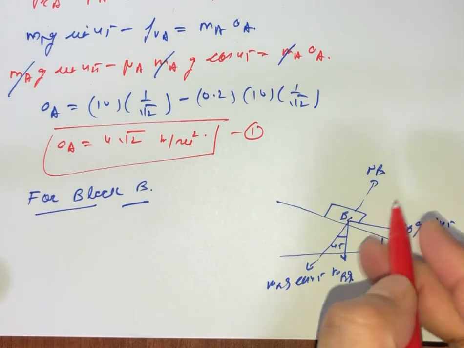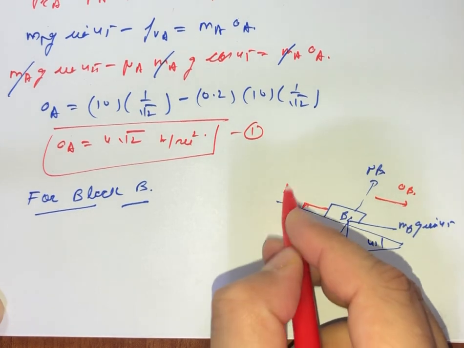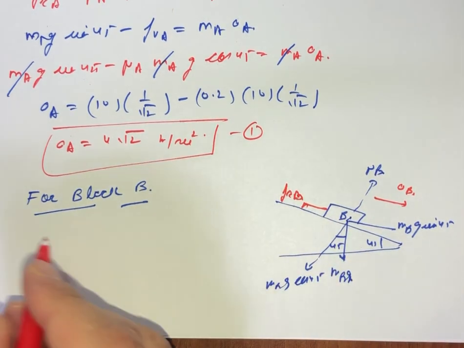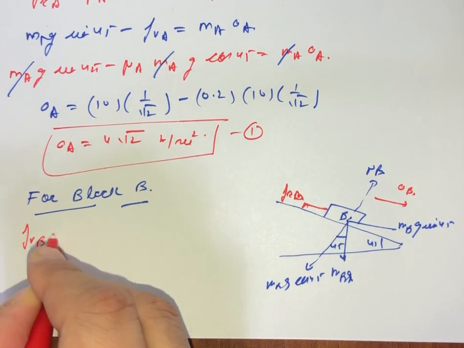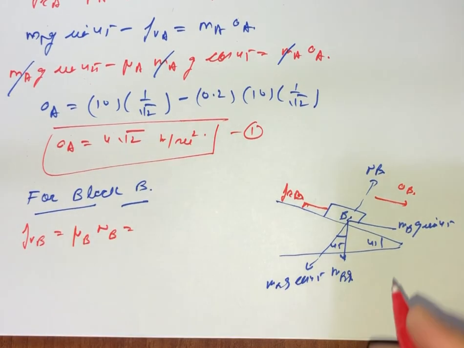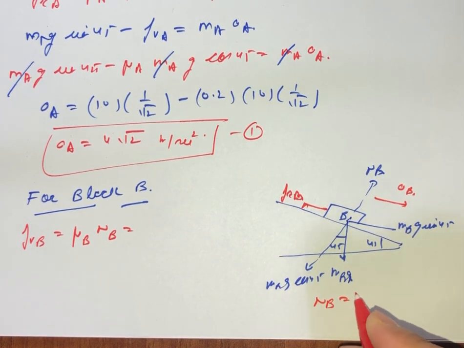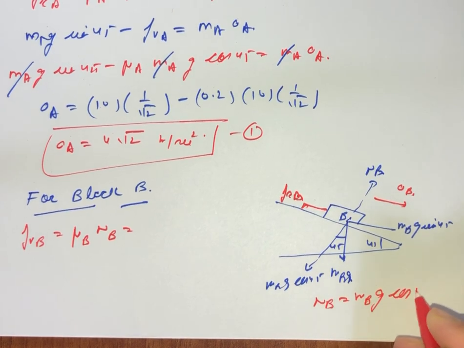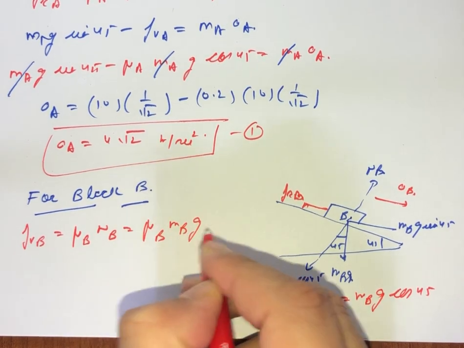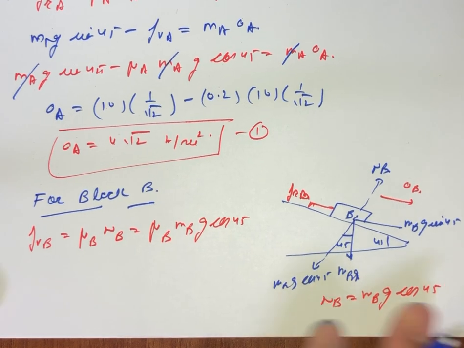We say it is moving down the inclined plane with acceleration AB. So we have a frictional force FRB in the upward direction. So we can write that our FRB will be equal to mu B into NB, and our NB is equal to MBG cos of 45. So we can write mu B MBG cos of 45.